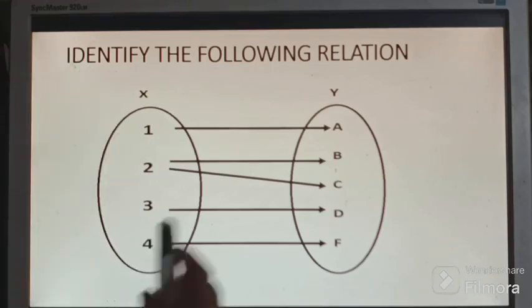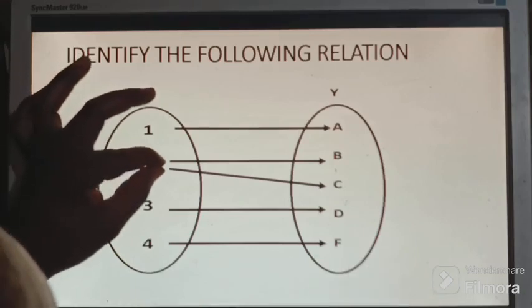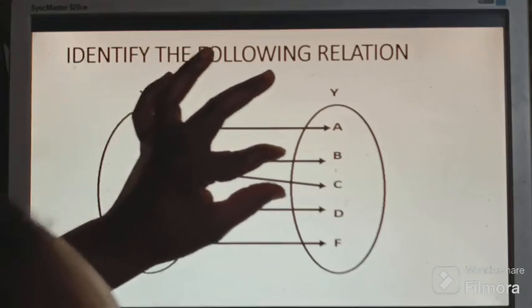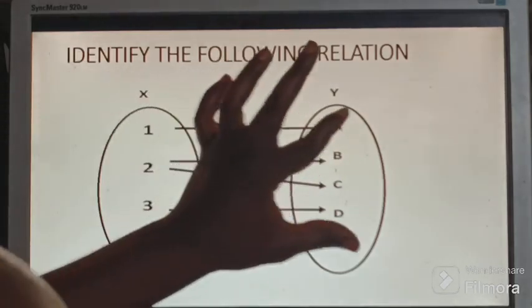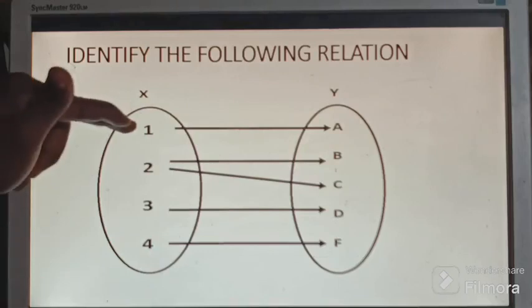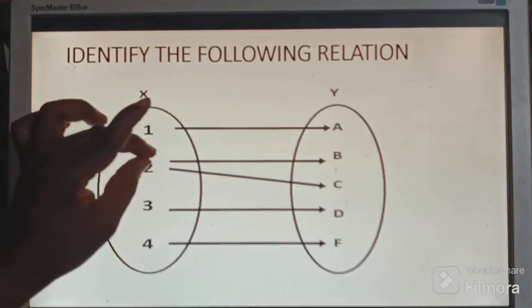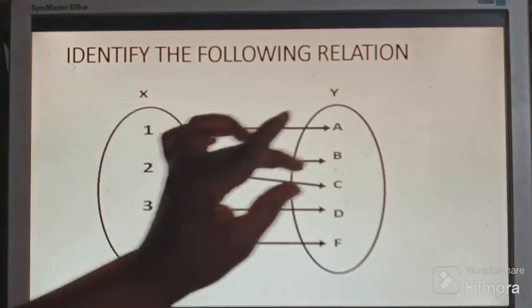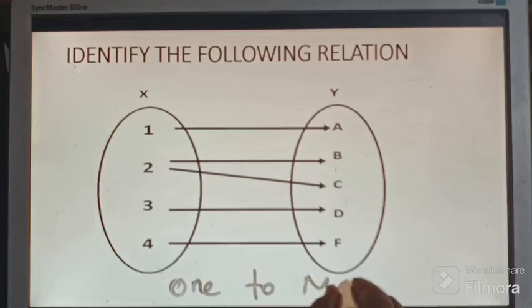In our case, this is the domain and this is the range. From the domain, you can see this is 1 and this arrow is going to many. So it's 1 to many. Therefore, this is a 1 to many mapping, because this one is 1 to 1, 1 to 1, 1 to 1, but this one is 1 to many. So therefore, this is 1 to many.